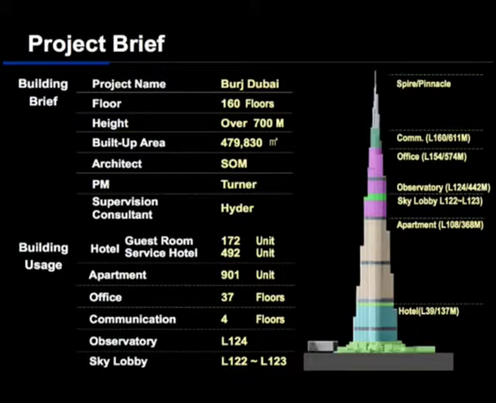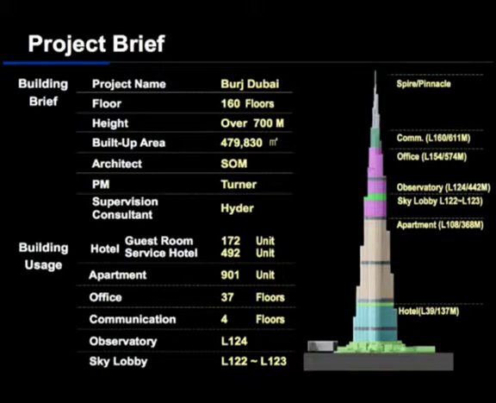As you know, Burj Dubai is a multi-use development project. The lower portion of the tower is the hotel, up to level 108 is apartments, and above that there are 37 floors of office.